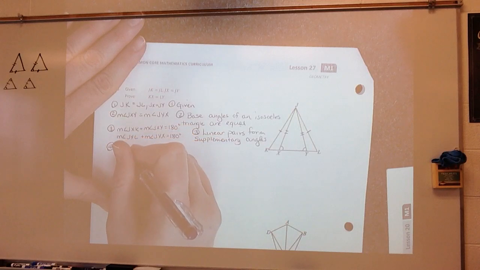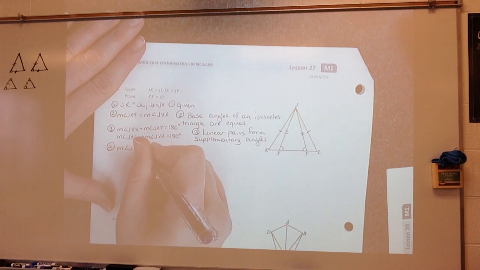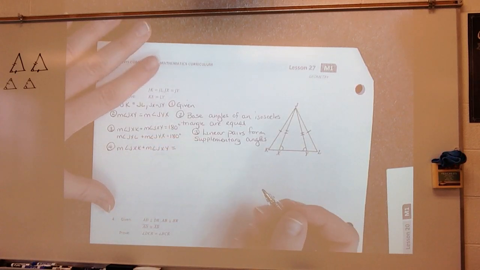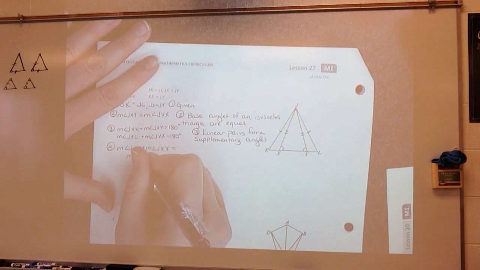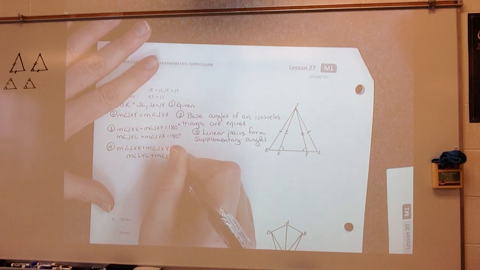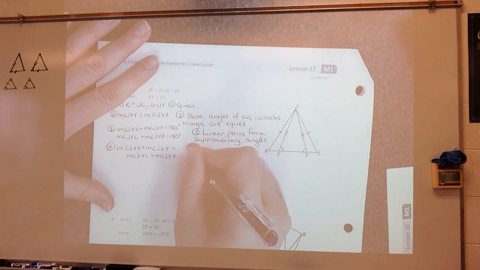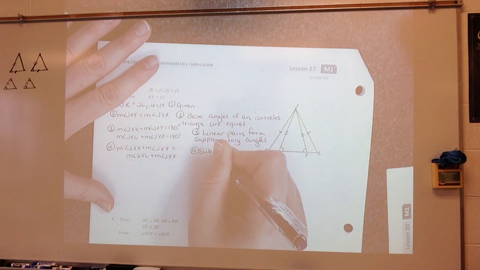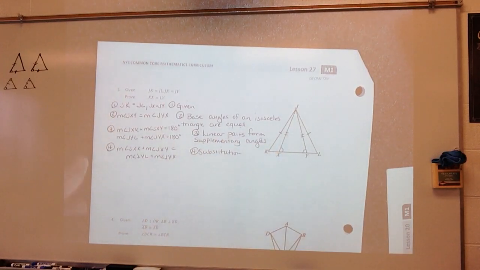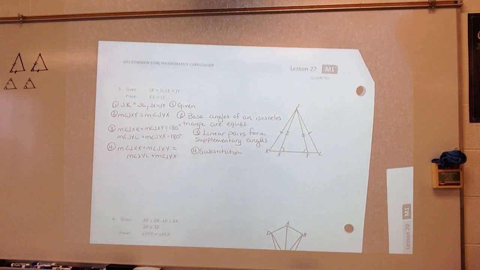So the measure of angle JXK plus the measure of angle JXY must be equal to the measure of angle JYL plus the measure of angle JYX. Alright, so substitution. They both equal 180. Remember, if A equals B and B equals C, then A is equal to C. So if this equals 180 and this equals 180, then I know that they are equal together, or they are the same.